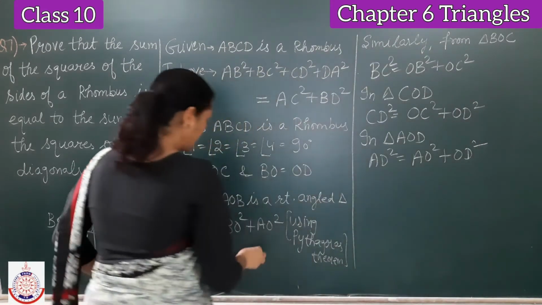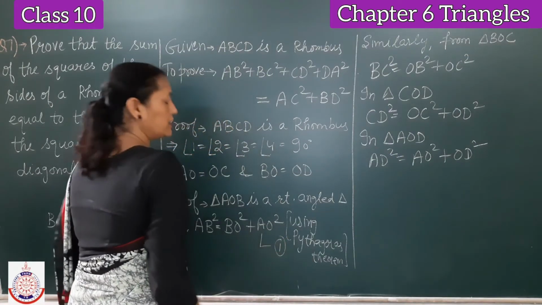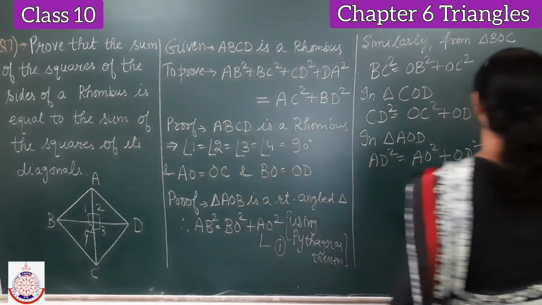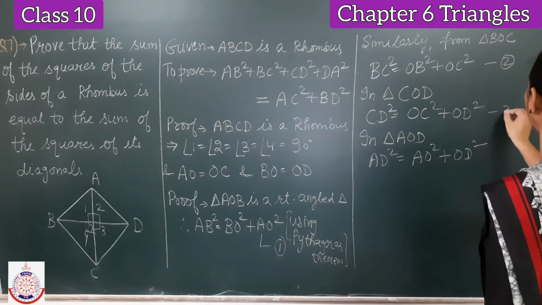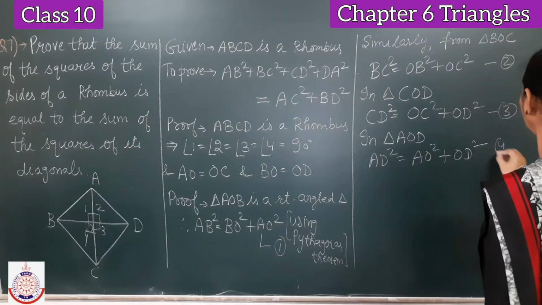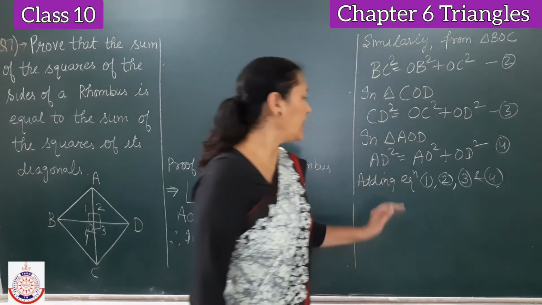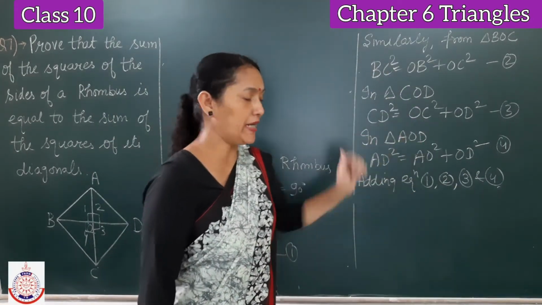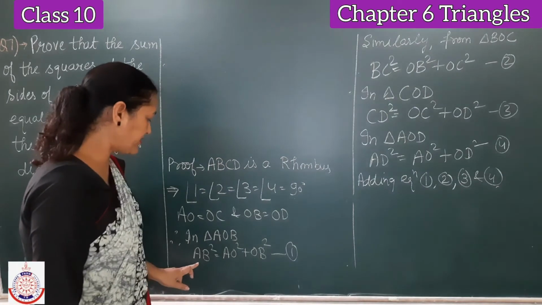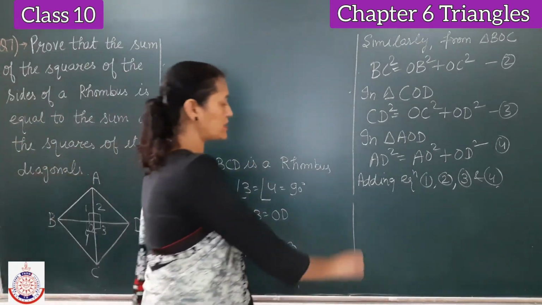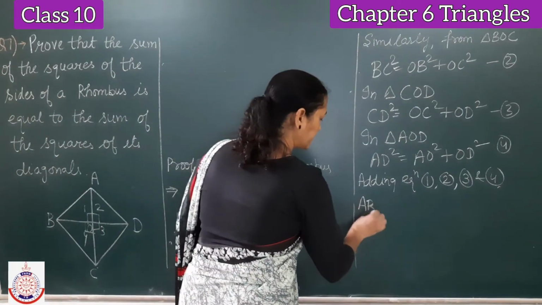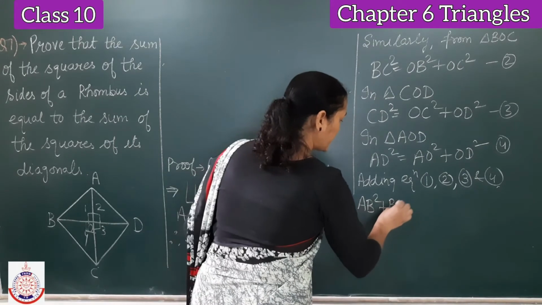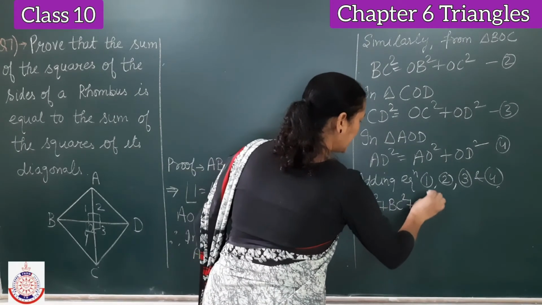We will name the results we have obtained as equation 1, 2, 3, 4. Adding equations 1, 2, 3 and 4, on the left hand side we will be getting AB square plus BC square plus CD square plus AD square.